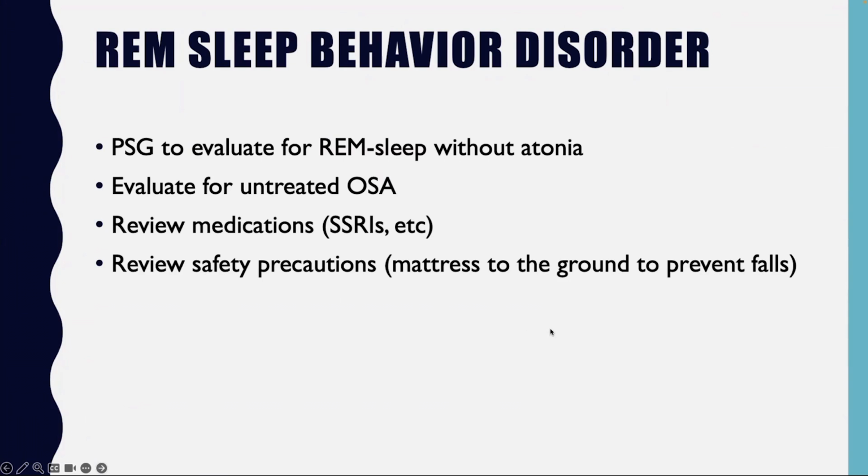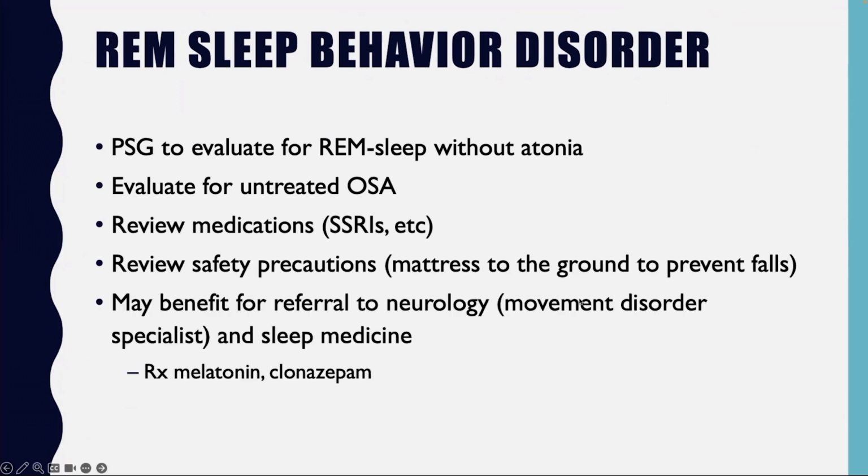You want to make sure your patient is safe when they're sleeping. You don't want them to fall out of bed. So you really want to review either having a mattress on the ground to prevent falls or bed rails. And as I said earlier, they will definitely benefit from a referral to neurology and sleep medicine.